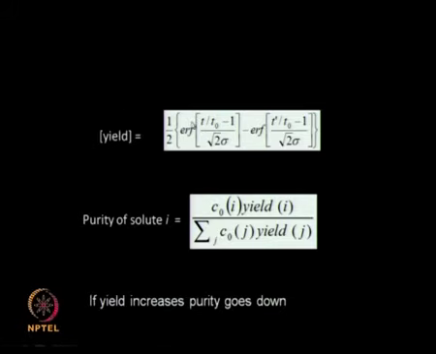So in the previous problem, we can calculate sigma for the protein, we can calculate sigma for the impurity, and then we can use this equation to calculate the yield of the protein, we can use this equation to calculate the yield of the impurity if I am collecting a sample between t dash and t.